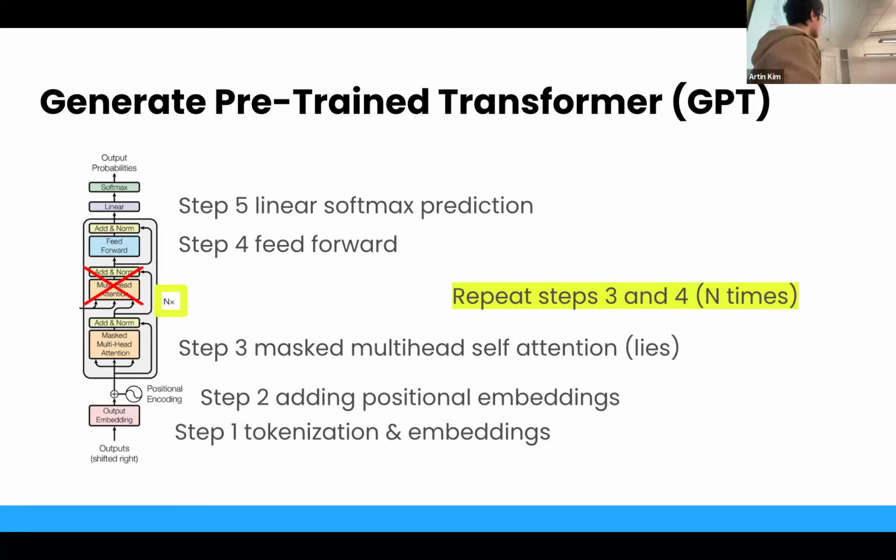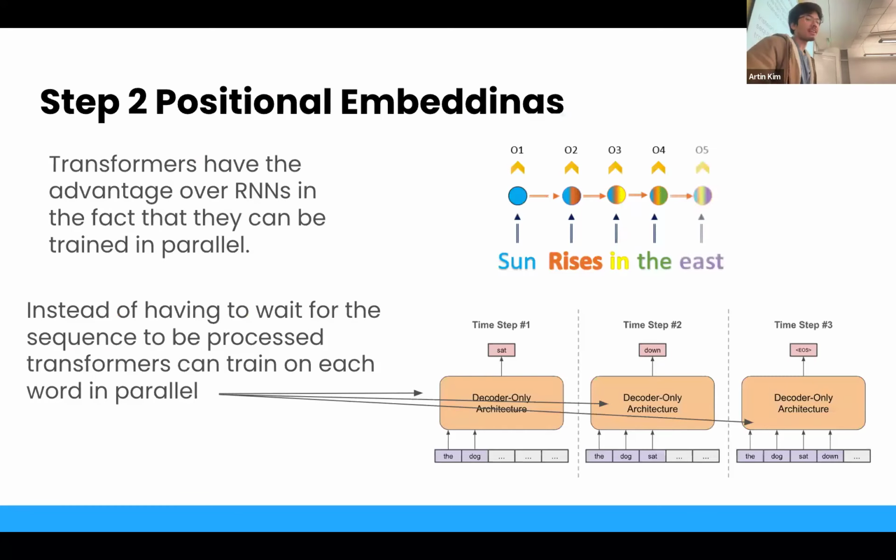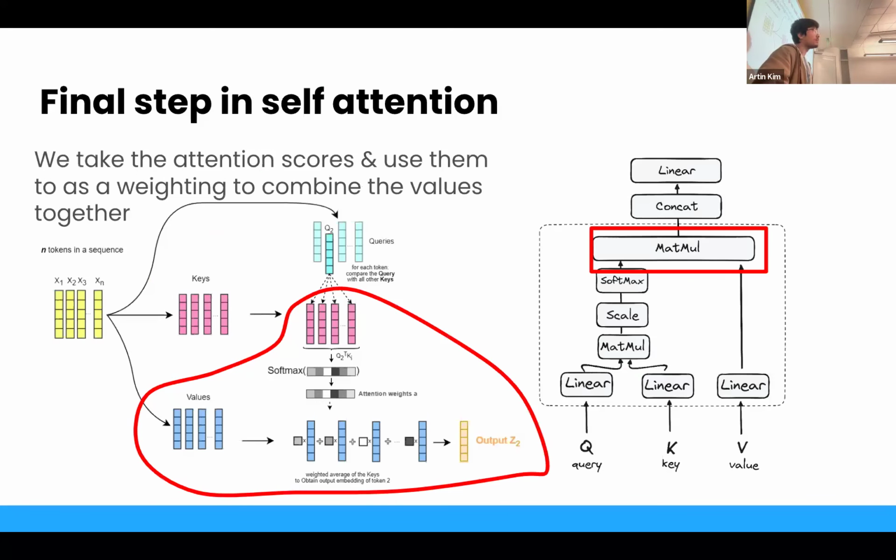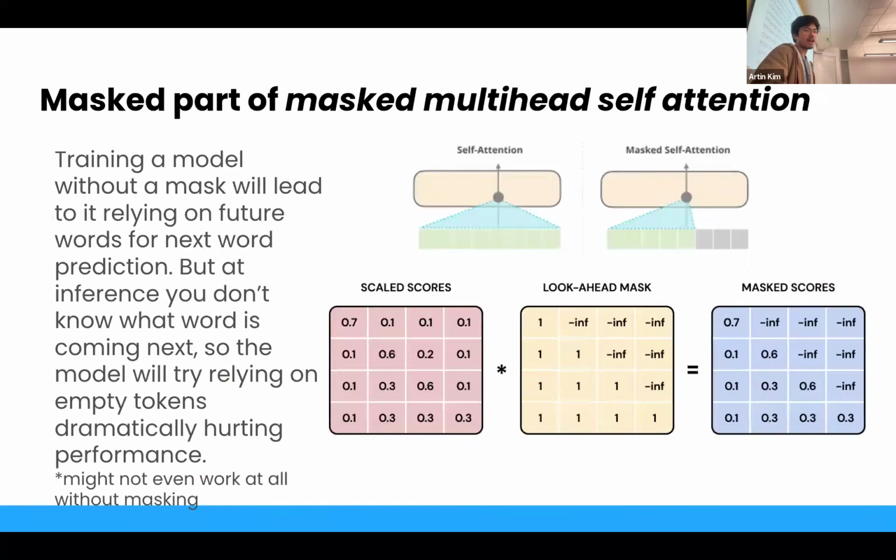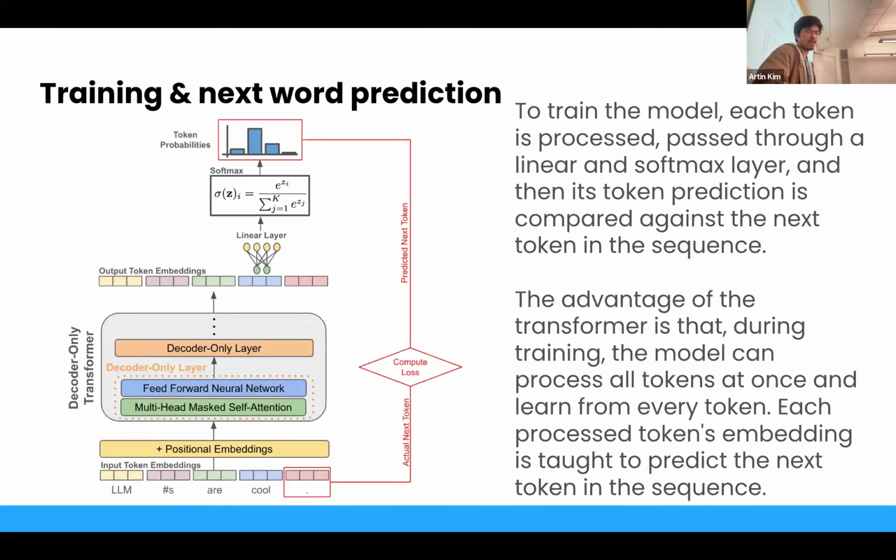So when you're training the decoder model, you give it a lot of text, as you said, the text of the internet. What do you compare that to? How do you calculate your loss? The funny thing is the objective is just to predict the next word, which is really nice. There's no labeling.